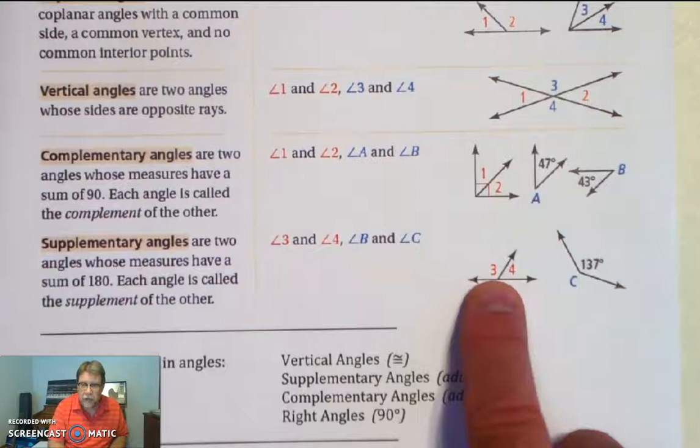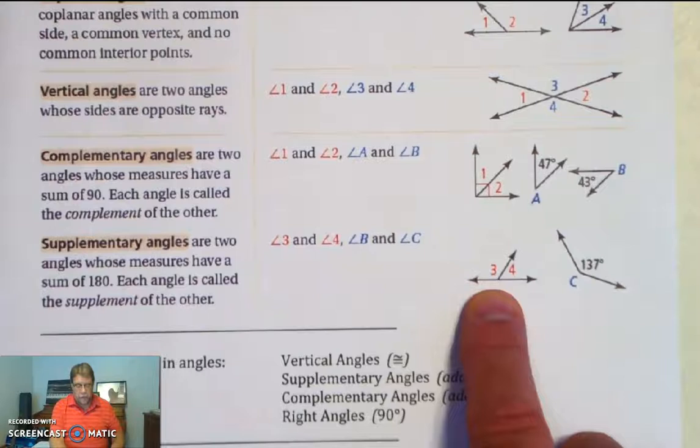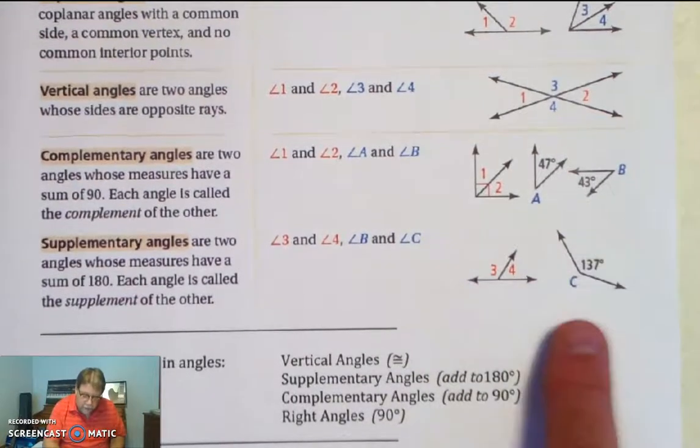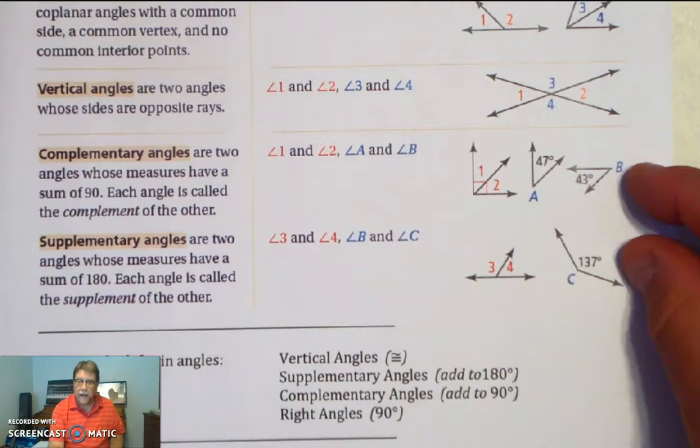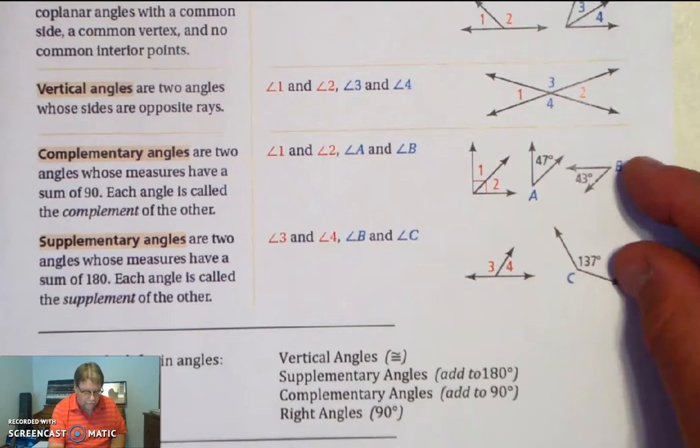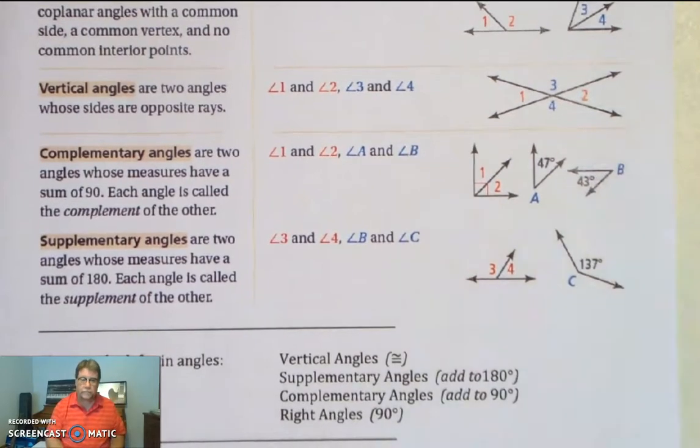Here, they're also adjacent. Another word for this would be a linear pair. A linear pair would be two adjacent angles that are also supplementary. Angle C and angle B look like those two add up to 180 if you add the 43 and the 137. So you can see that angle B and angle C, although they're not adjacent, they are supplementary. They add up to 180.